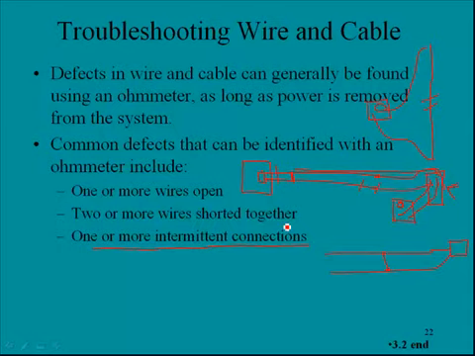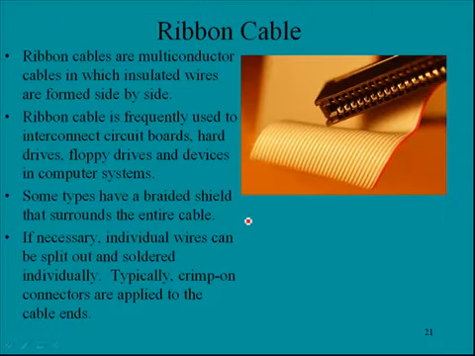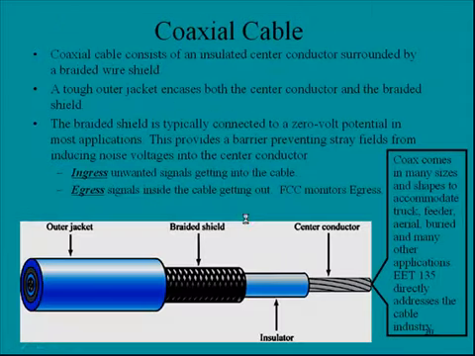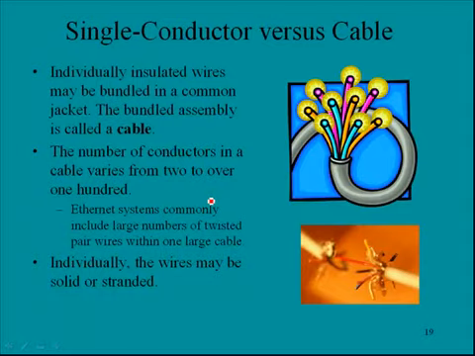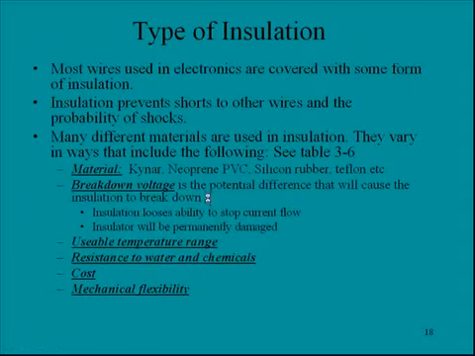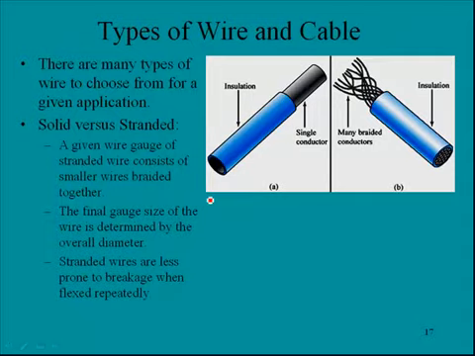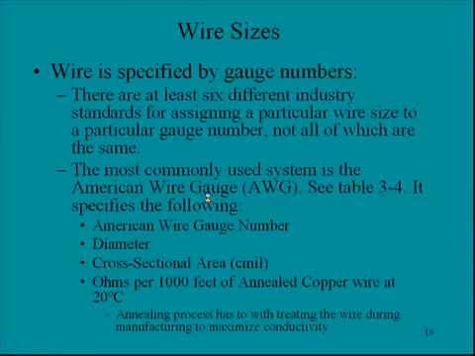Okay, so this has been an introduction to wire. We ended up looking at troubleshooting wire and cable. We looked at ribbon cable, coax, single conductor versus cable. We looked at insulation. And we talked a little bit about stranded versus single conductor.